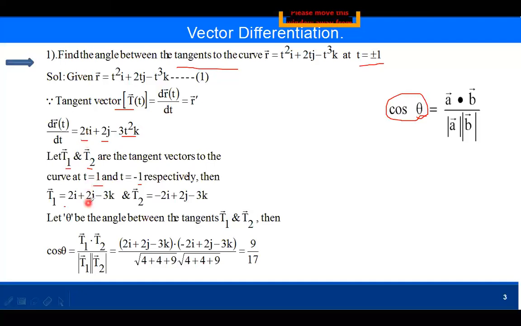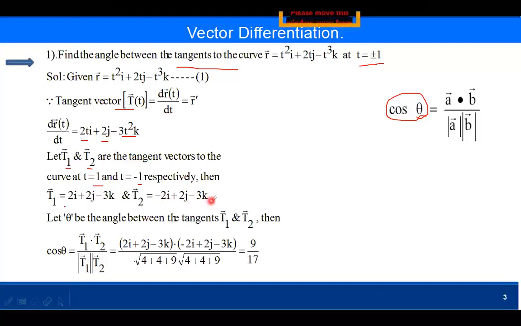Minus 3t square, with t equal to 1, we get 3 only. Therefore t1 bar is 2i plus 2j minus 3k. For t2 bar, put t equal to minus 1. So 2 into minus 1, that is minus 2i, plus 2j, minus 3 into minus 1 whole square, that is 1 only, 3 into 1 is 3, minus 3k.